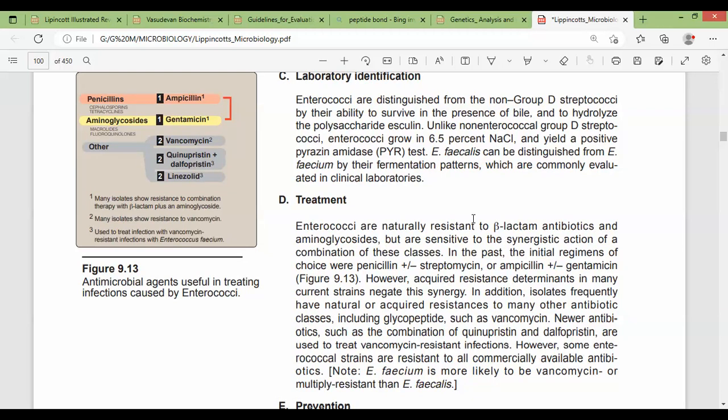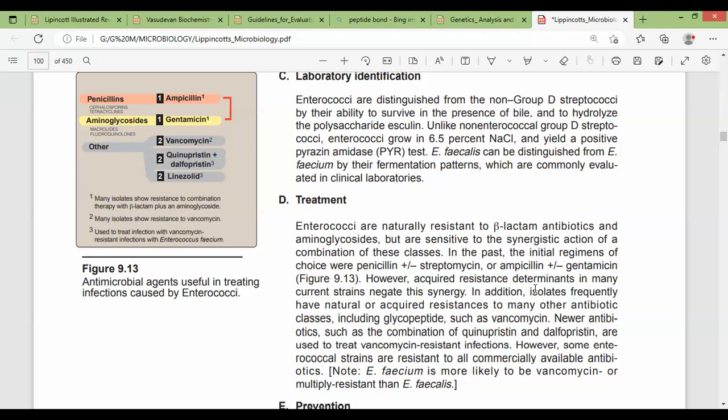This ampicillin plus gentamicin is part of what is used to treat the infection. Know that we have to add ampicillin there. Ampicillin and gentamicin.